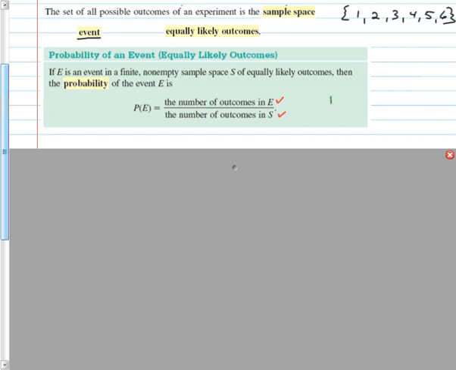One way. And how many total outcomes can you have when you roll a die? 6. There's our probability that we can roll a 2. 1 out of 6. 1/6. So probability is the ratio of the number of outcomes in the event E that you want, and the total number of outcomes in the sample space.